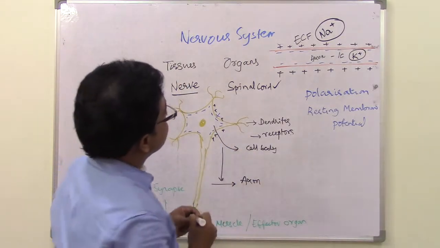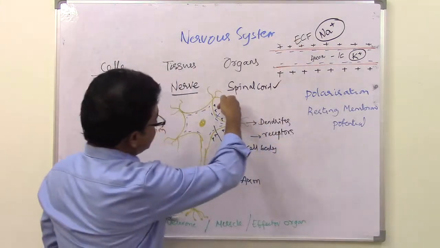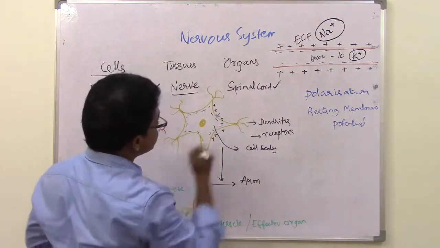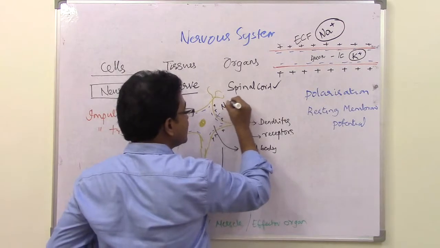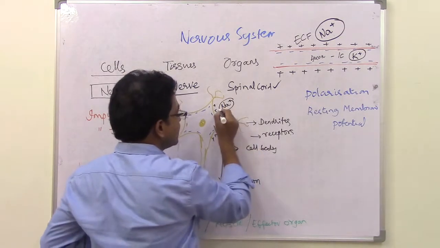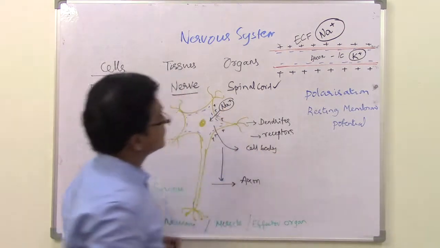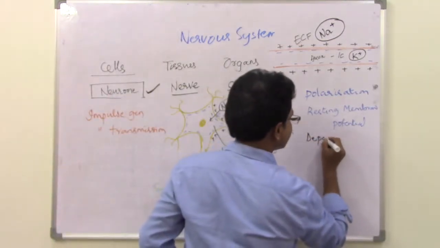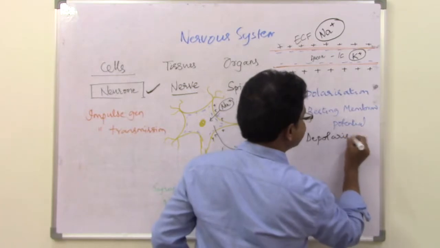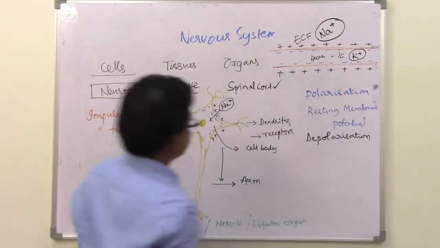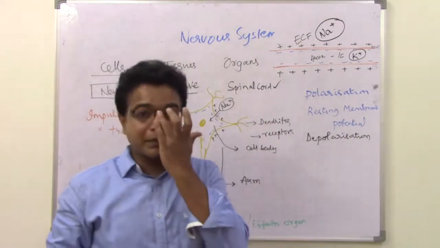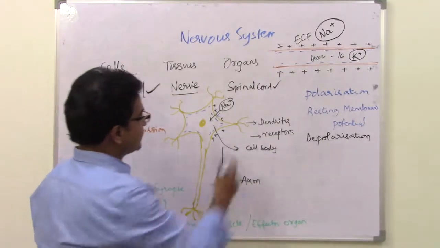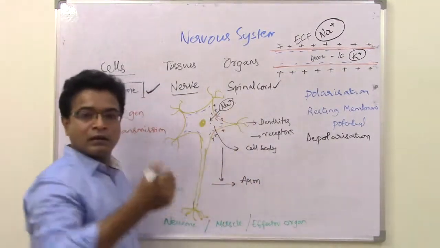Now, when we stimulate this, what happens is sodium from outside moves in, creating a depolarization. Creating what? A depolarization. So there is a sodium potassium pump which is activated, and all the sodium are sent in.